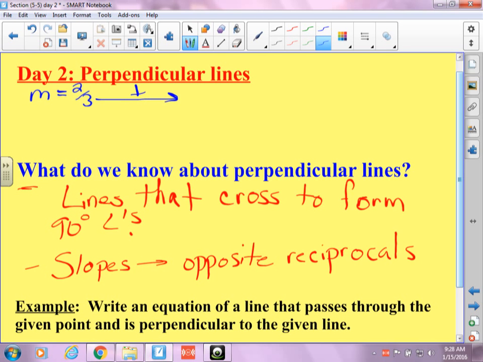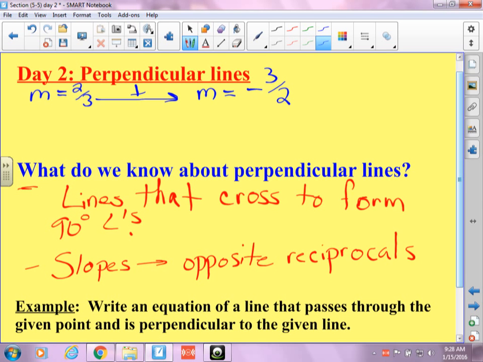Notice that my symbol is like an upside down capitalized T. When we talk about the opposite, this is positive, correct? Then the opposite is going to be negative. And when I say a reciprocal, what am I doing with my fraction? I'm flipping it. So it becomes 3/2.